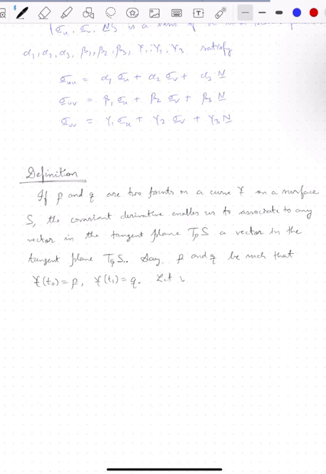Now let V naught vector be an element of TPS. So V naught vector is just some starting point, the origin point of the gamma vector, right?